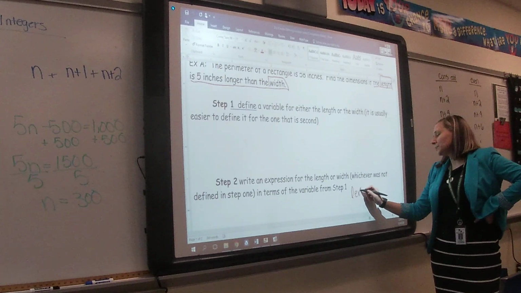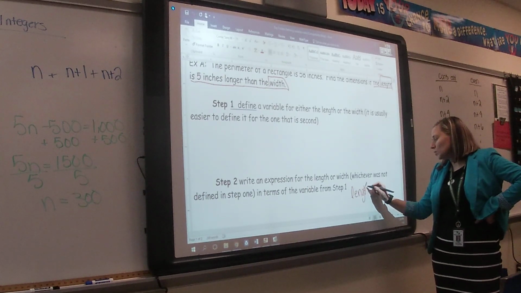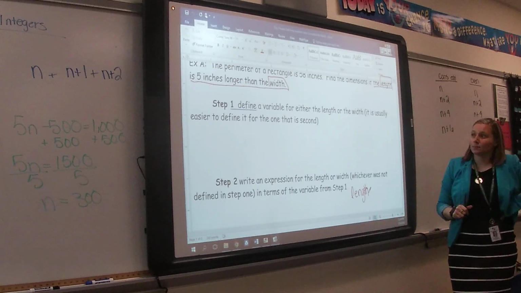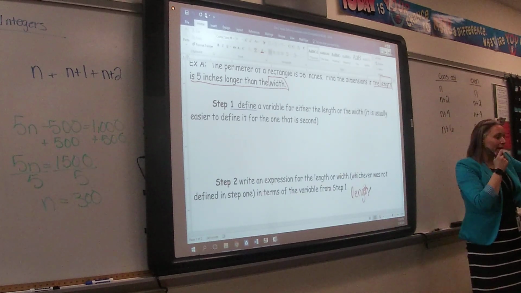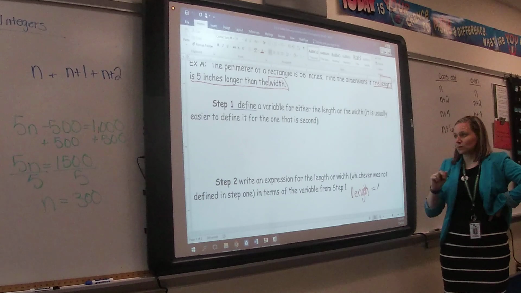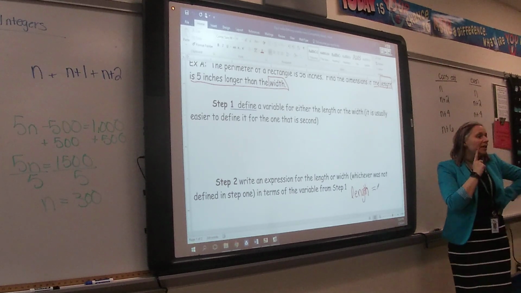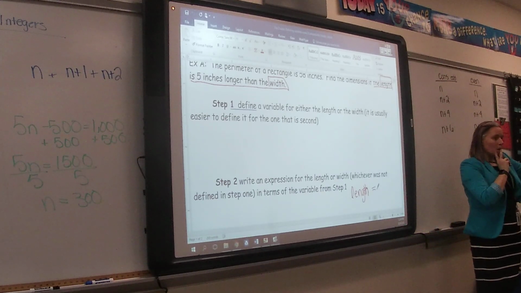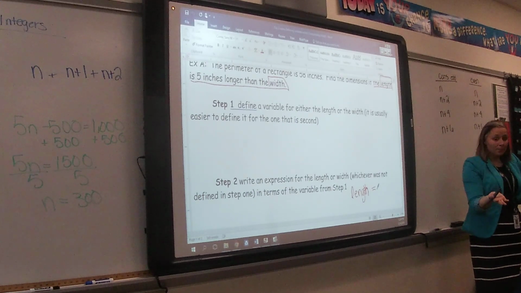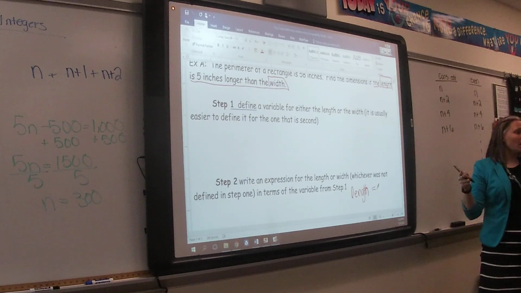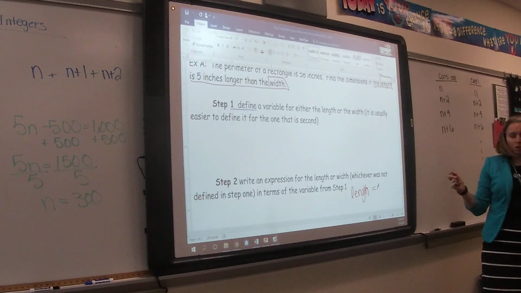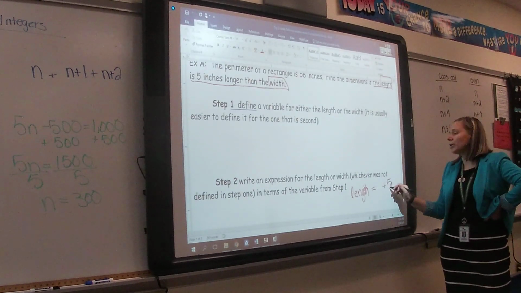The length is, what does is tell us to write? 5 inches longer. What do we think longer is going to be? Plus 5. Addition. Does it matter if we put 5 plus or plus 5? No, right? The order of addition doesn't matter.